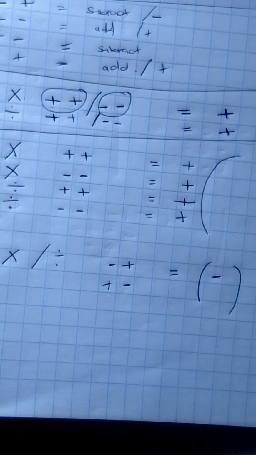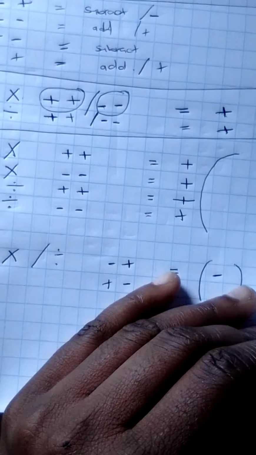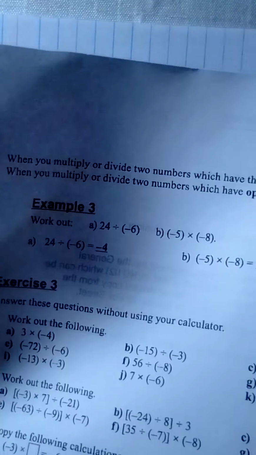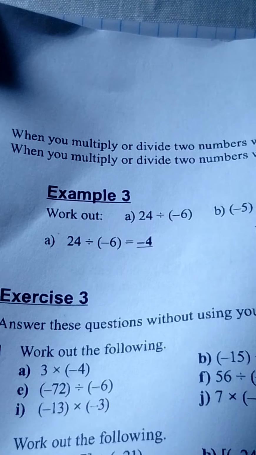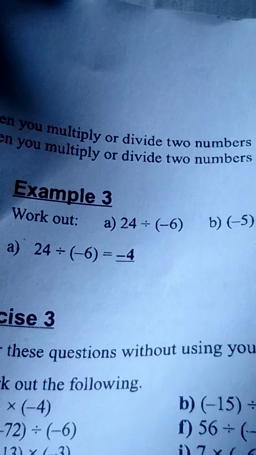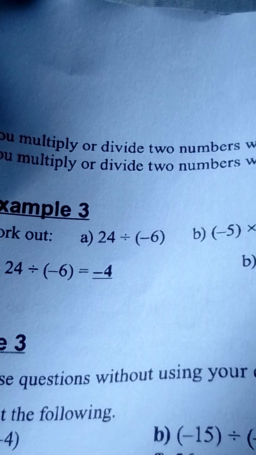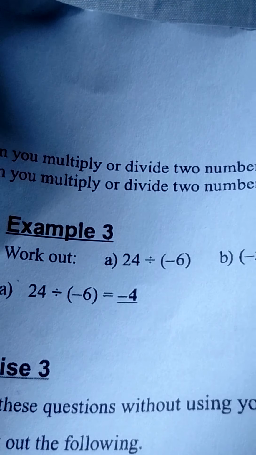That negative sign, right? What I'm gonna do, I'm gonna pick some examples. We want to clear what we are talking about so that we can all understand what we're talking about. Example, let's work out 2 examples, A and B, whereby A is saying 24 divide by open bracket minus 6 and close brackets.